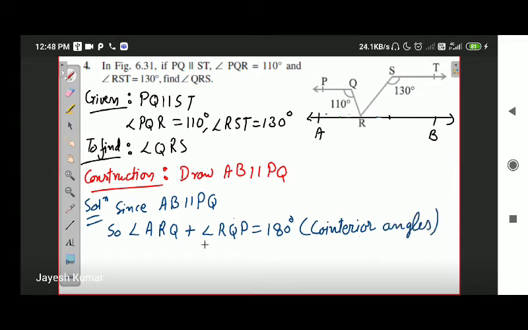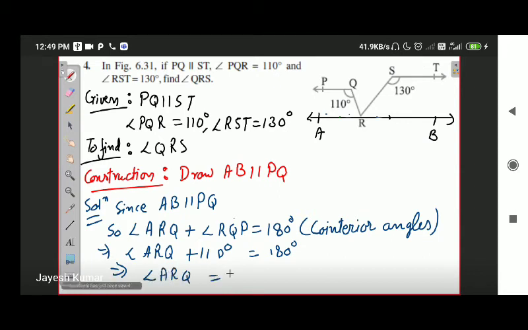So these two angles are supplementary. We know the value of one of the angles, angle RQP is 110 degrees. We have to find out angle ARQ. So in this manner we can determine angle ARQ is equal to 70 degrees. This will be the first result.